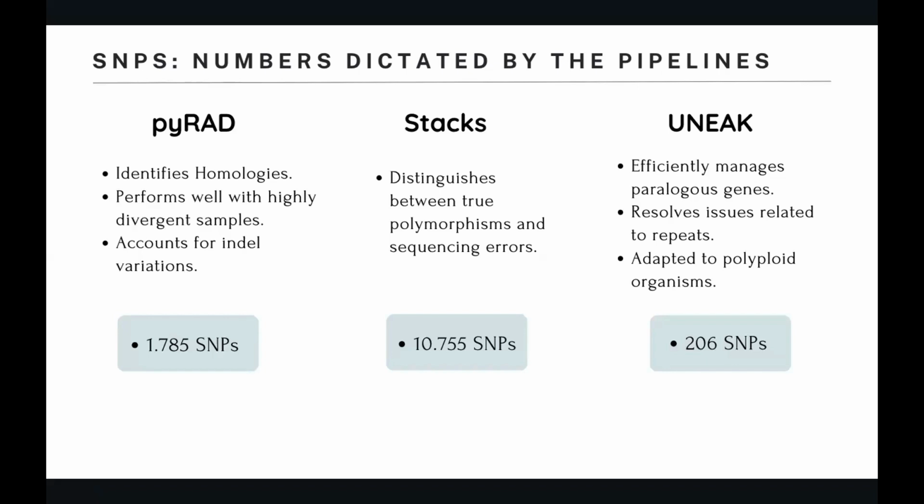Stacks is designed to distinguish true polymorphism from sequencing error and succeeded in generating about 10,755 SNPs, while Uneak is particularly efficient in managing paralogous genes and resolving issues related to repetitive regions, and it's well suited for polyploid organisms, and it succeeded to reveal 206 SNPs.